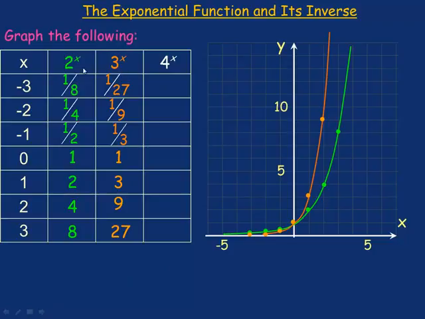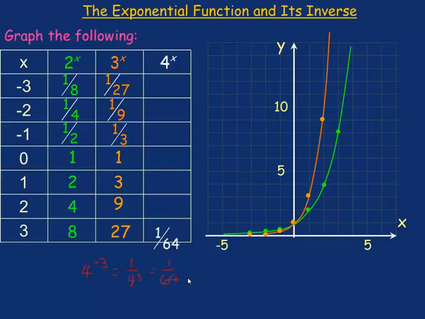Now very similar, 4 to the power of -3 would be 1 over 4 cubed, and 4 cubed is 64, so that's 1 over 64.